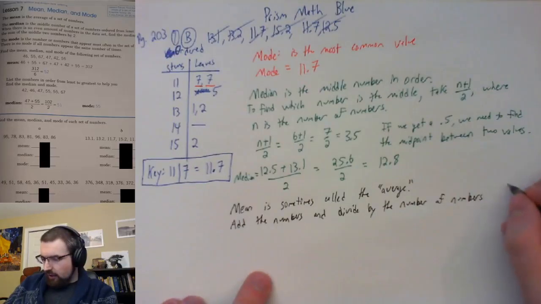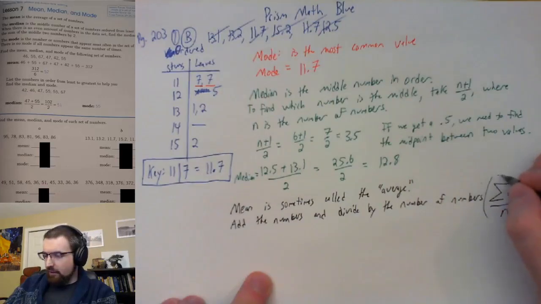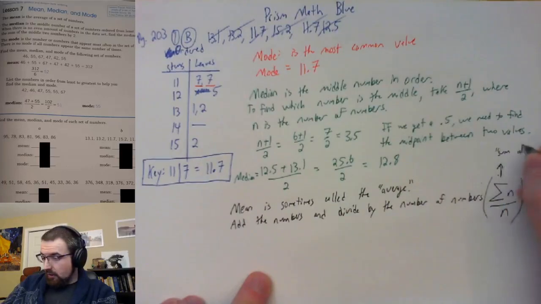And that's written as sigma, or the sum of n, divided by n. You don't necessarily need to remember that symbol. Just you might see it written that way sometimes. This means sum of.